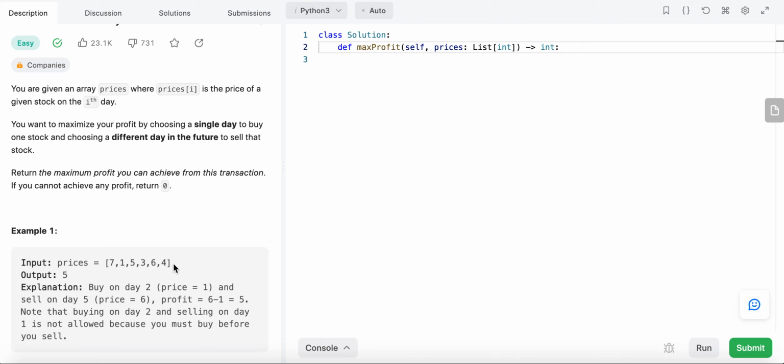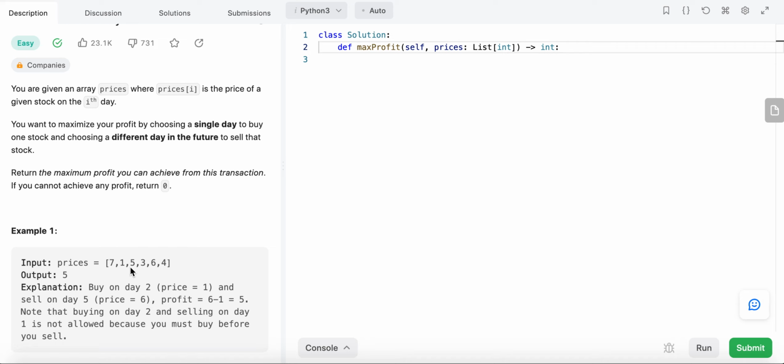So we kind of have the idea. We need a variable to keep track of the maximum profit so far. To get the maximum profit so far, we also need the minimum price in the history, so we also need a variable to keep track of the minimum price up until today.